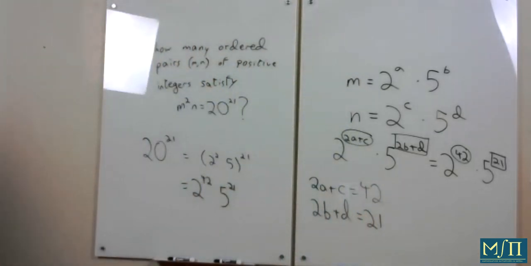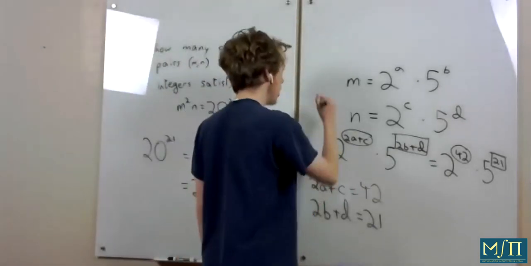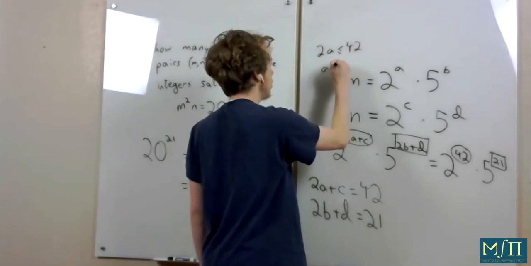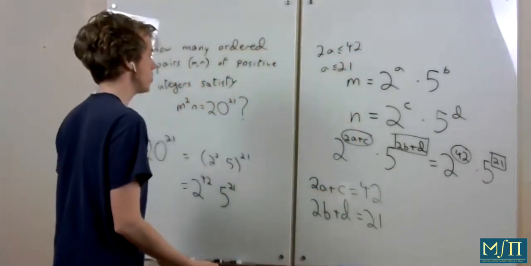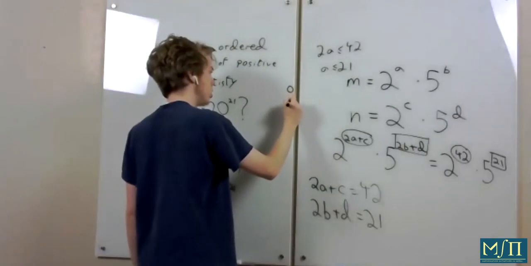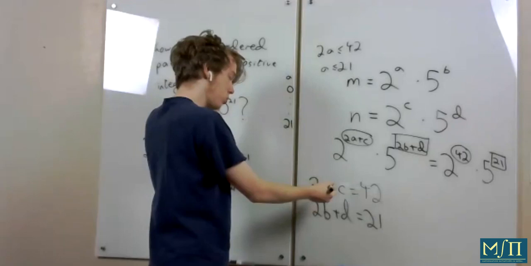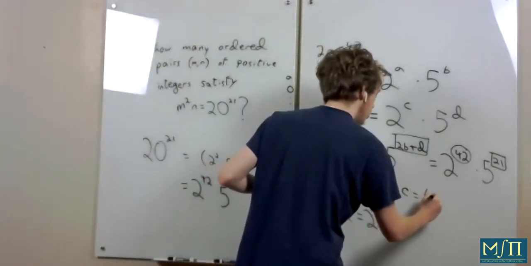Now, how many possible values are there for a? Well, 2 times a is at most 42, so a is at most 21, giving us 22 choices for a, anywhere from 0 to 21. Whenever we choose a, that determines c, since c is 42 minus 2a.